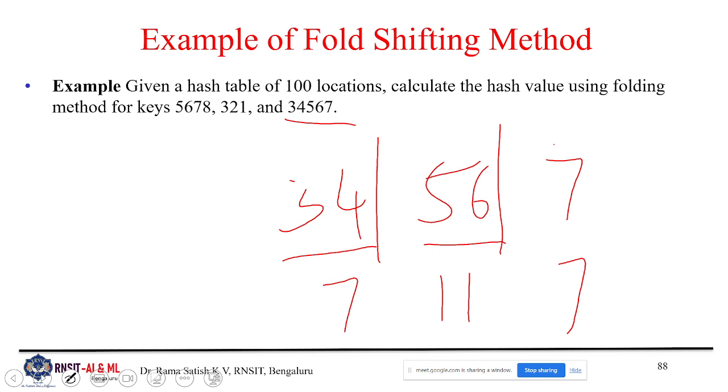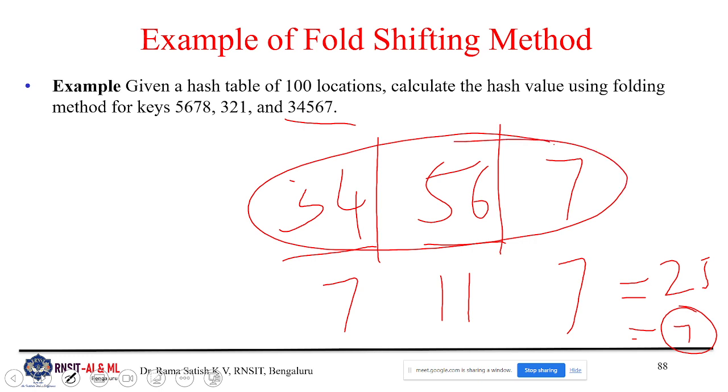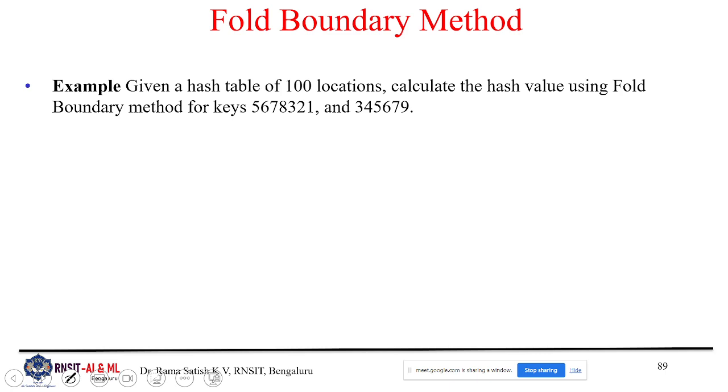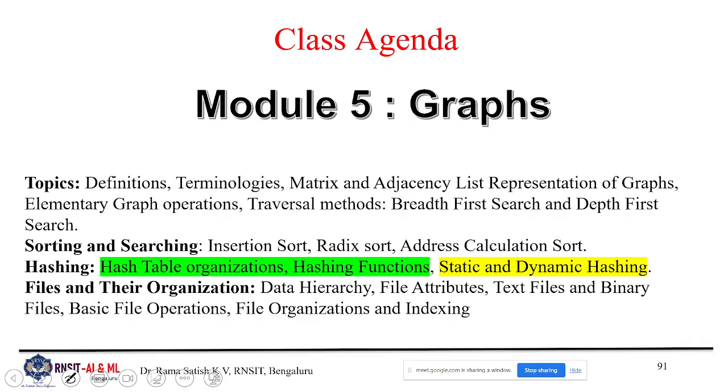So you add up all these things and you get 18, and 18 plus 7 is 25. 25, 2 plus 5 is 7. So in the seventh location, this entire value is stored. It is just like that. You can certainly calculate the same way with the boundary method.